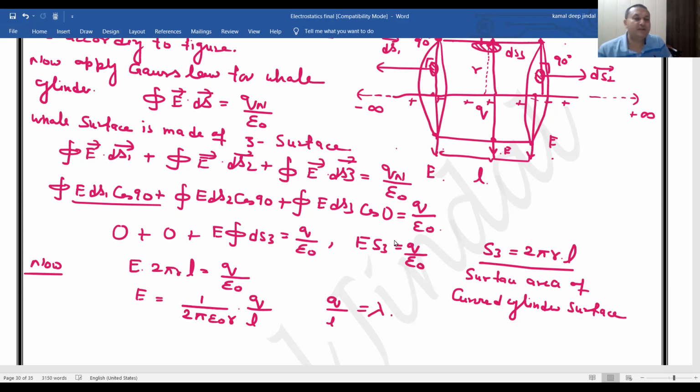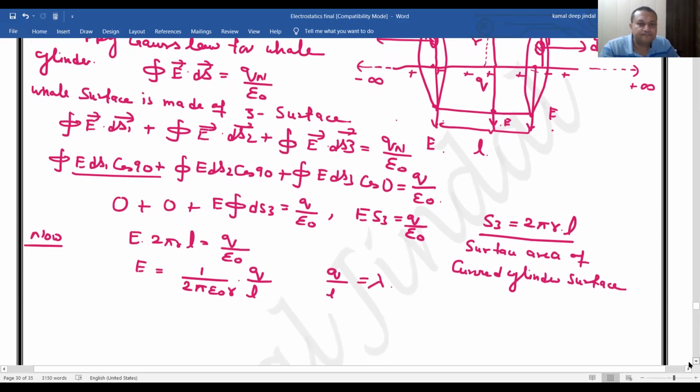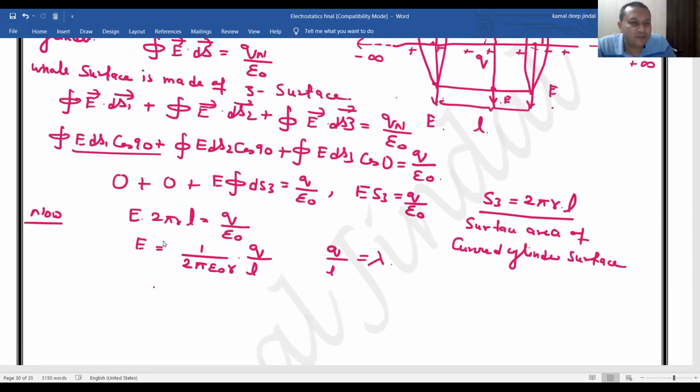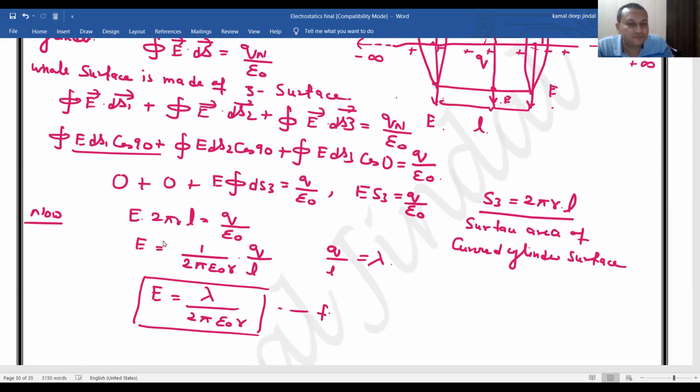That is equal to lambda, and it will give you the result E equals lambda upon 2 pi epsilon naught r. This is the final formula.